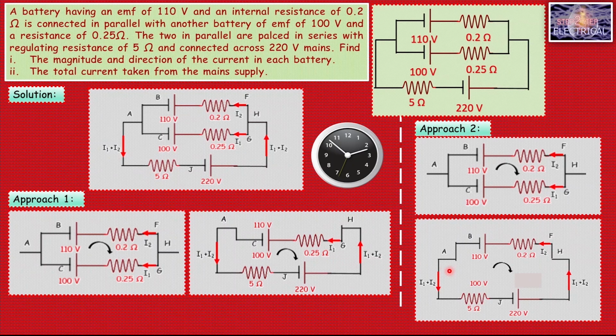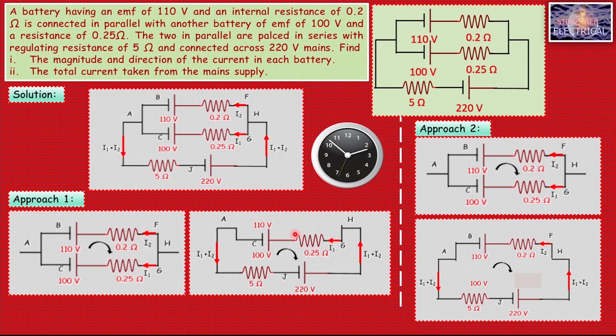There is no more difference. Only in first approach we have taken the branch CG, but in the second approach, the second loop, we have taken the BF branch.